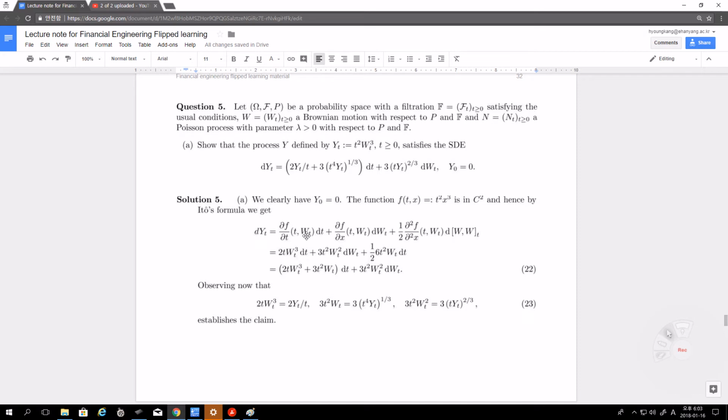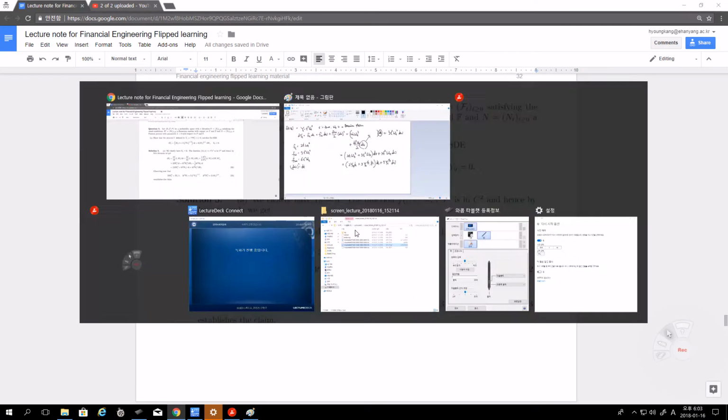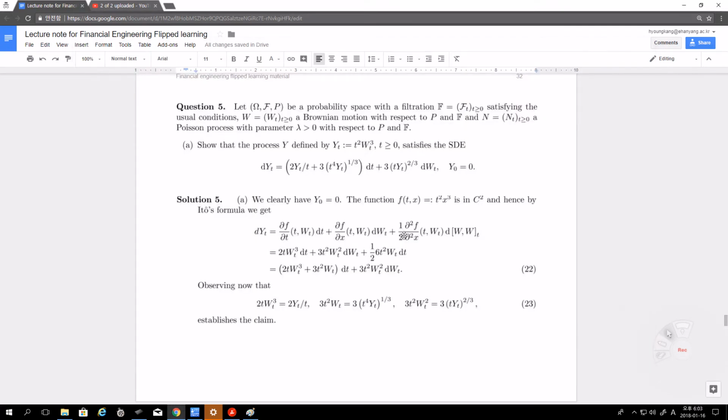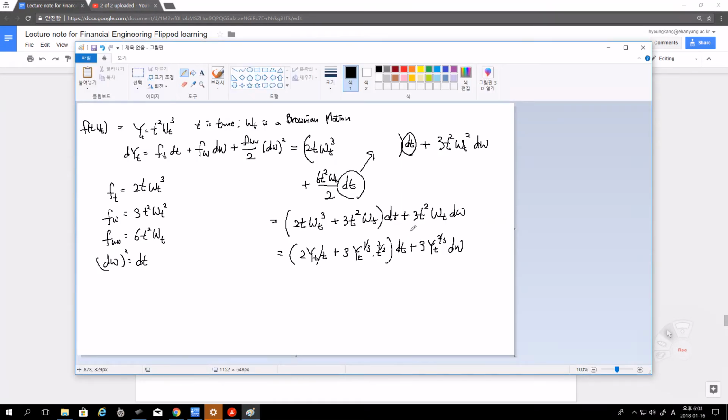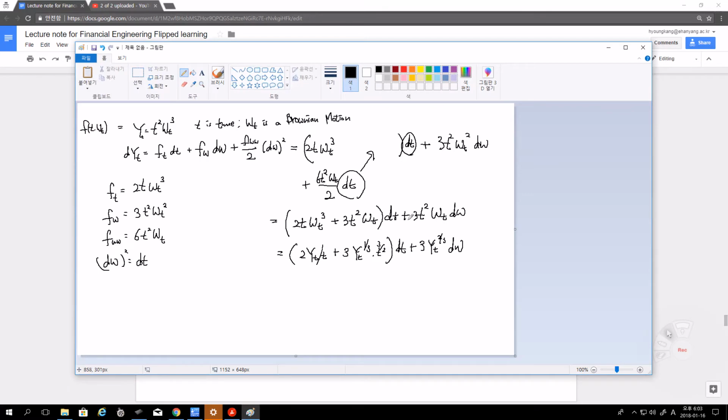So we have, right? We have this term 2t wt third, and the 3t square wt square. Actually, sorry, 2t. So yeah, 2. This term w. Sorry. So it means that I have made an error. So yeah, there should be w.